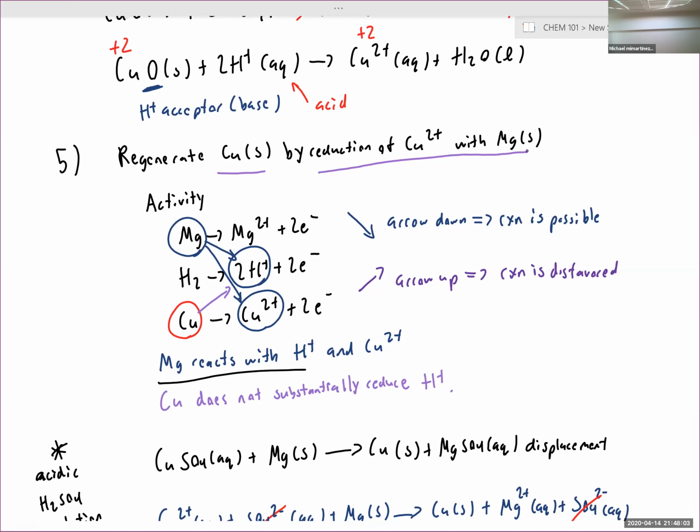Now, remember, I know this has been a while since we had our spring break in between then and now, but when we discussed our activity series, the activity series ranks species by reactivity as reducing agents.